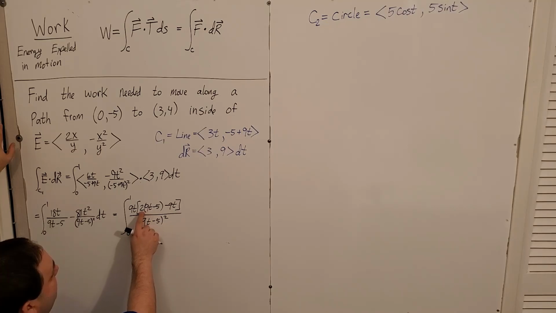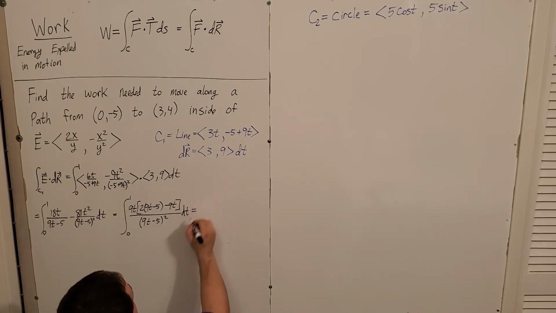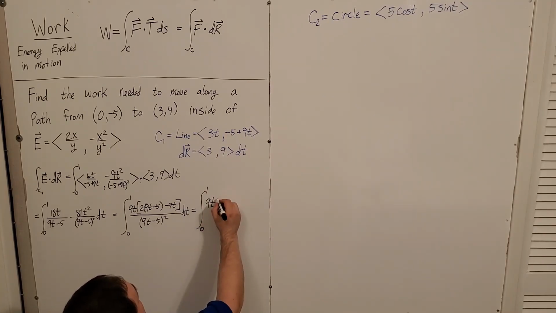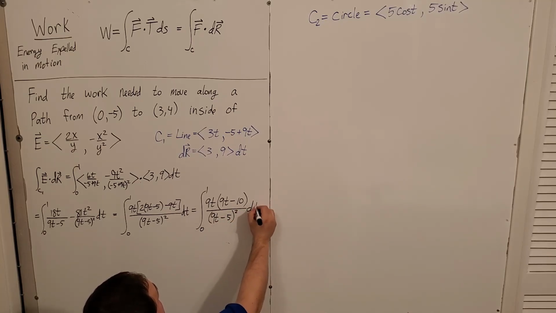Notice this is giving me 18t minus 10 over 9t minus 5 squared dt.